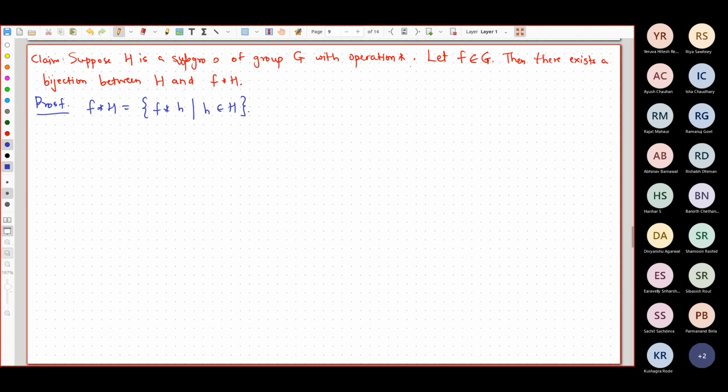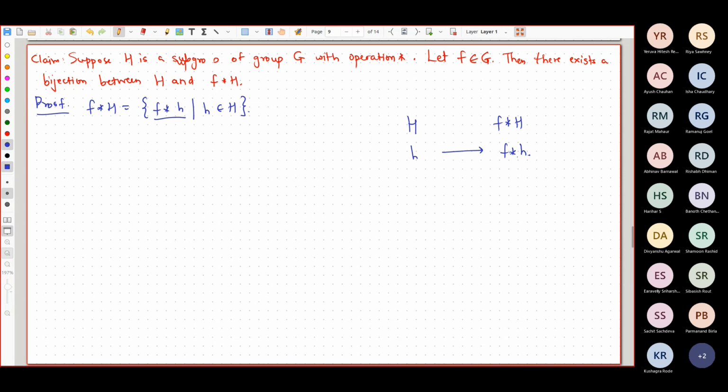I want some function going from H to f star H. It's right in front of you. This is the bijection: h in the subgroup goes to f star h. Of course, we need to prove that this is a bijection, but as of now, this is just a function.